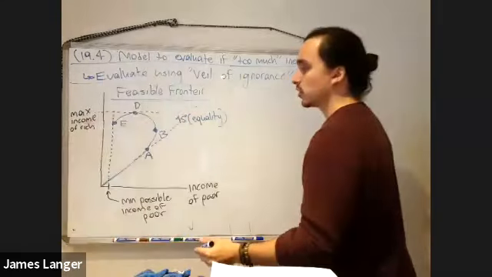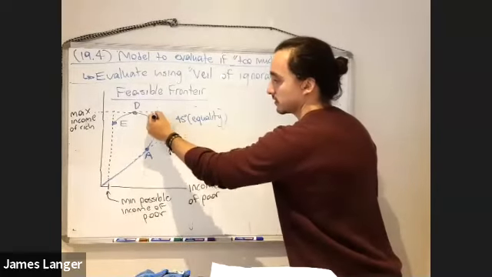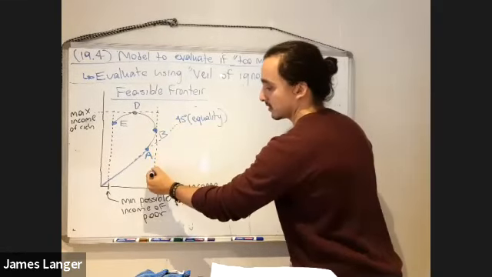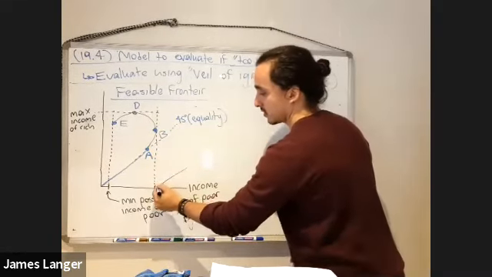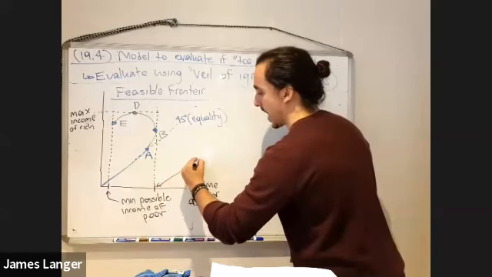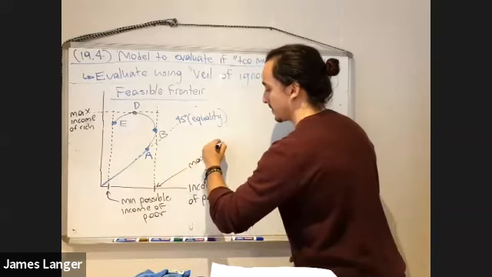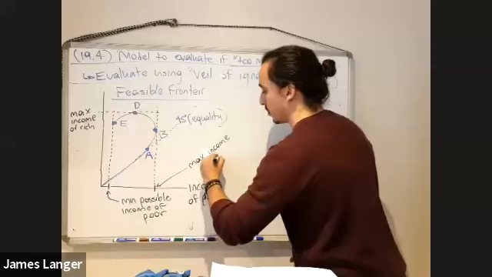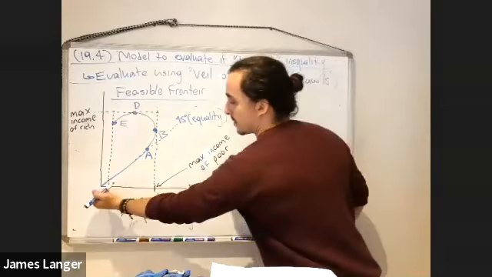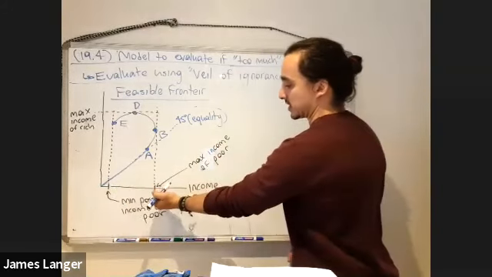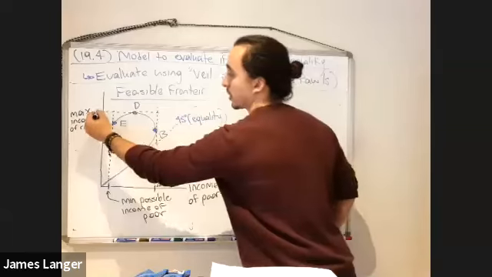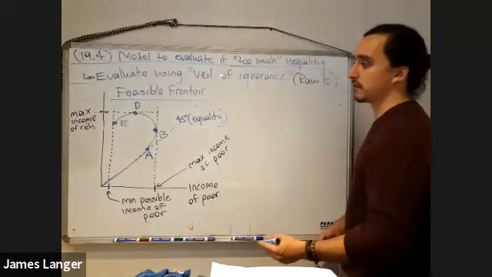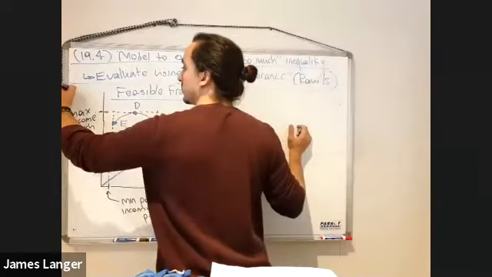And likewise, we can plot this point, which is my max income of the poor. So we've got a minimum income for the poor and a maximum income for the poor, and then we've plotted a maximum income for the rich at this point.